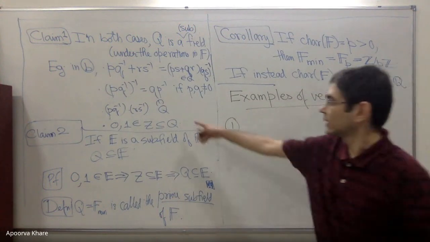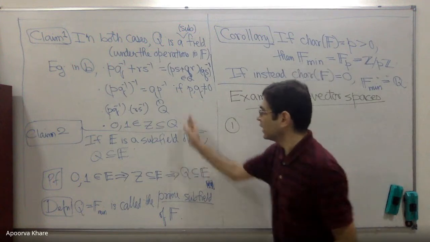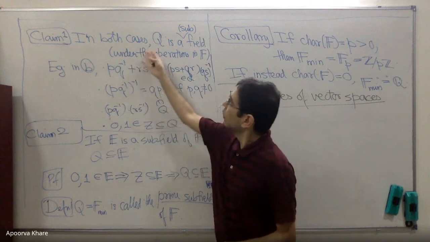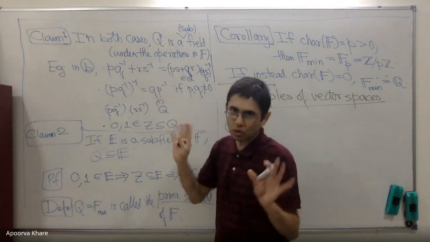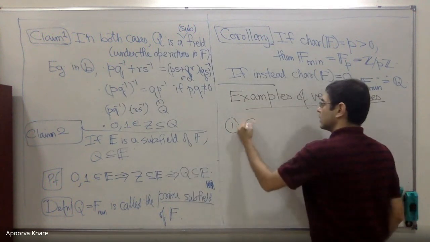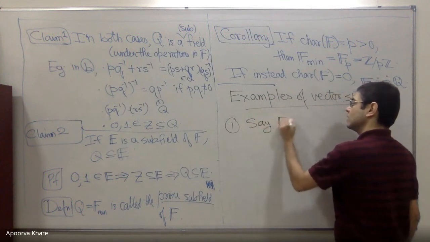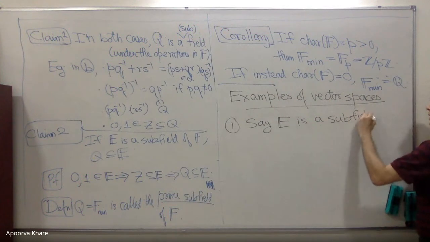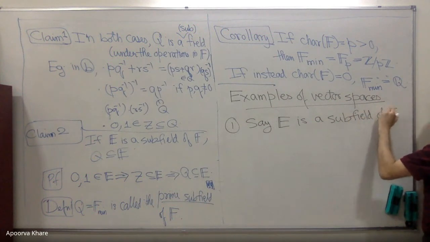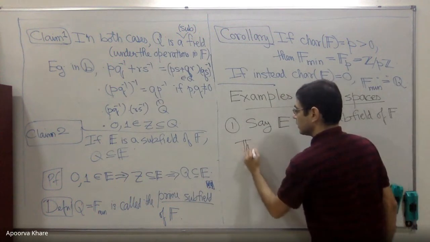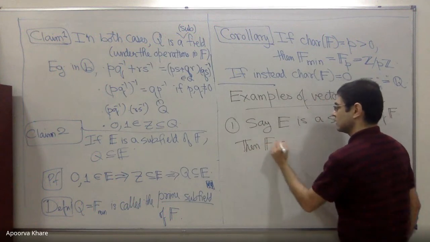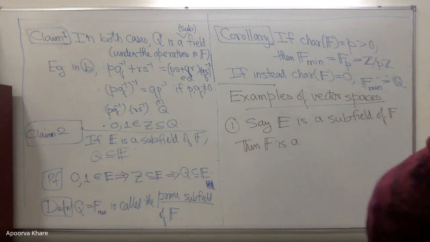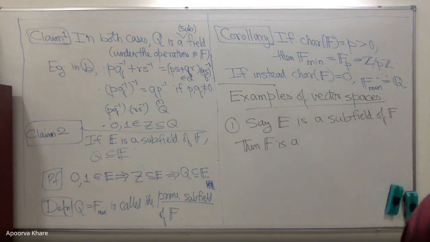One is exactly the case that we have just now. Suppose I have a bigger field F, and a smaller field E, where E can be equal to your prime subfield F min or not. You can decide. Okay, so say E is a subfield of F. Then F is a vector space over E. Every bigger field is a vector space over every smaller field.